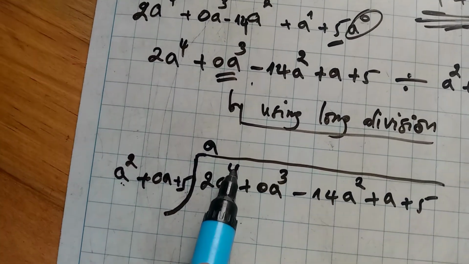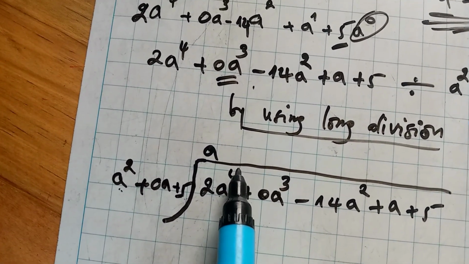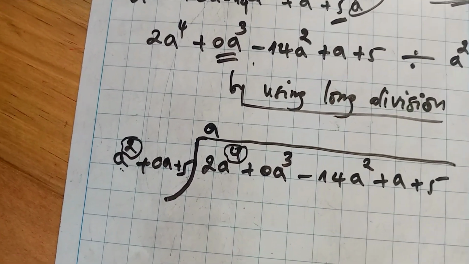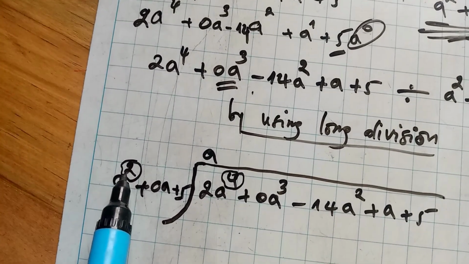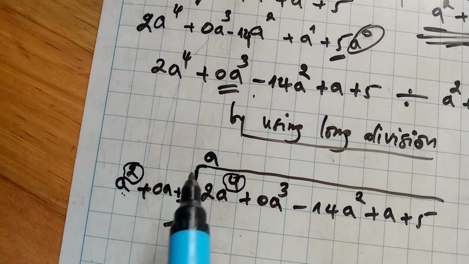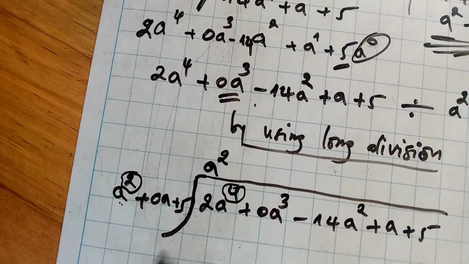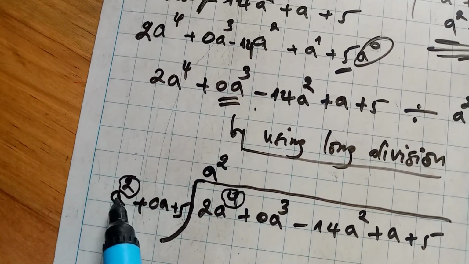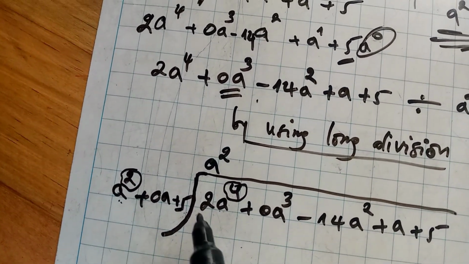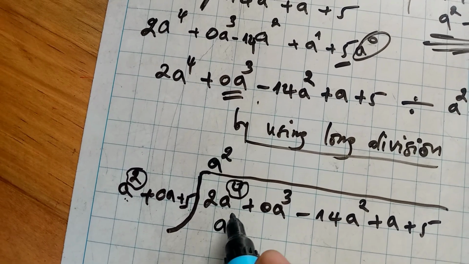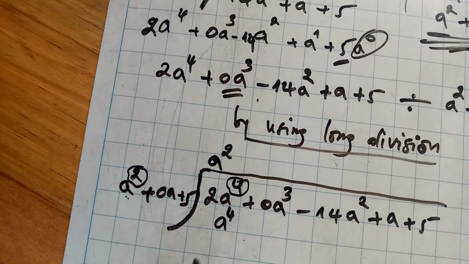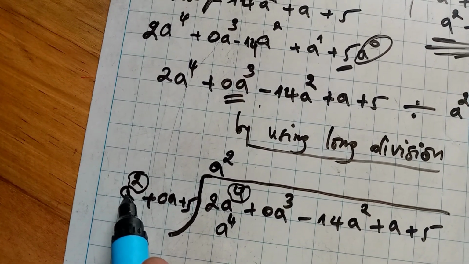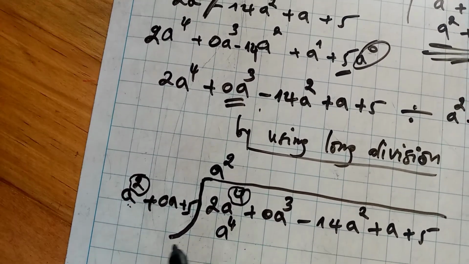We have to take the highest power and subtract, 4 minus 2, so our a here will have the power of 2. So a^2 times a^2 will be a^4.